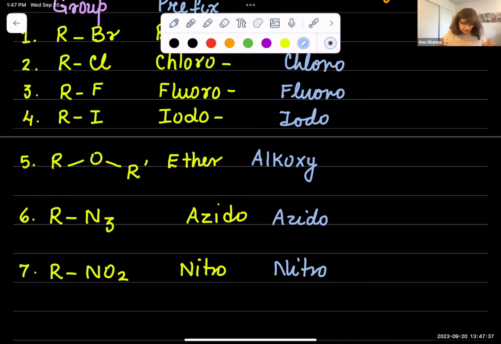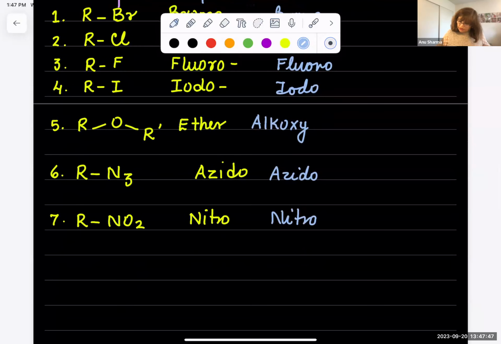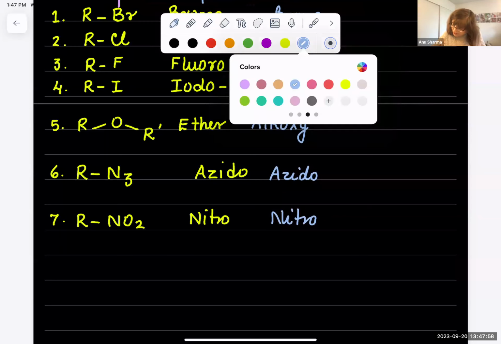Then we will discuss other priorities also, regarding the aromatics. So I think we should look at these also. As we know, let's look at the aromatics.